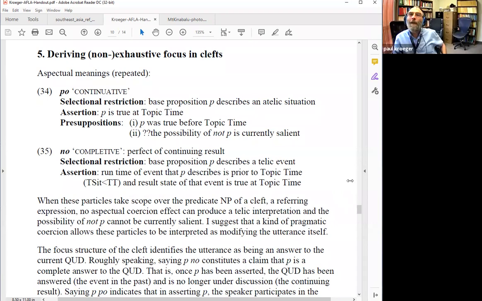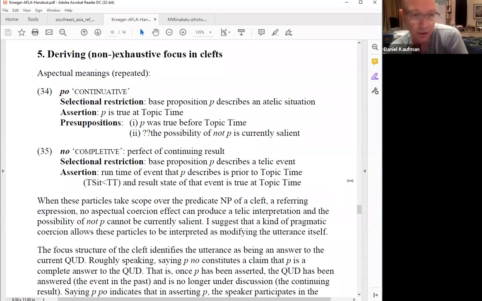At least for the Philippine cases, I felt like what ties it together is that na or no really means before hearer expectation, and po is after expectation, which I think to a large extent is what already and still do. But for some reason in these languages, these markers are almost obligatory in many contexts, where already and still are, I can't really think of many contexts that require them. Yeah, that's all I wanted to say.